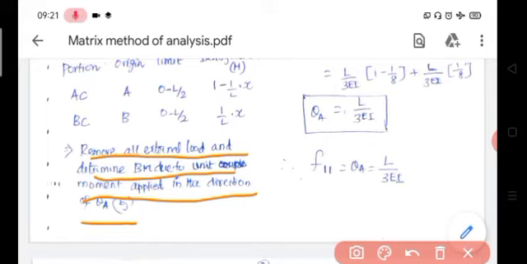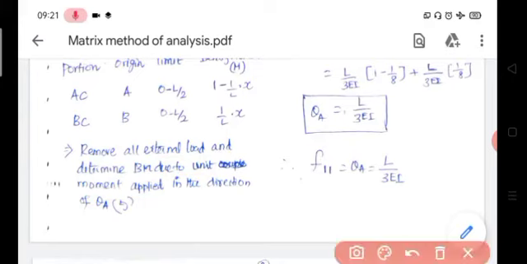If you want to determine deflection, we have to apply a point load. So in the first case, we are going to determine the theta A value, therefore we have to apply unit moment in the direction of theta A.